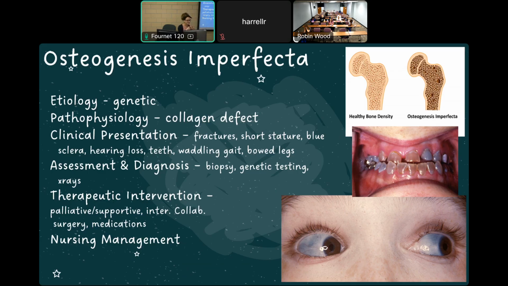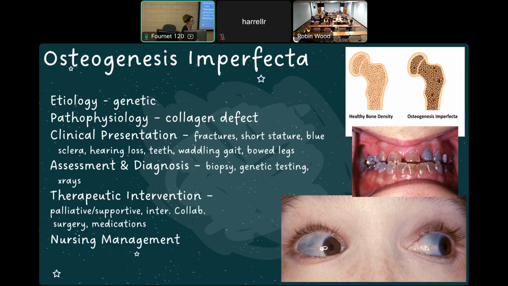Malleus, incus, and stapes. Those are bones, right? And so they'll be affected as well, which can negatively affect the patient's hearing. And then waddling gait and very, very bowed legs.